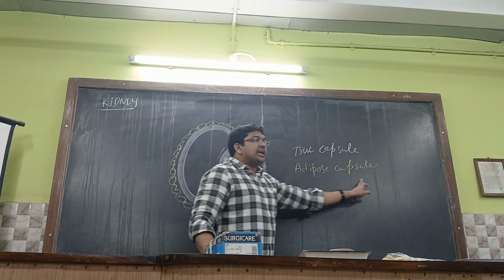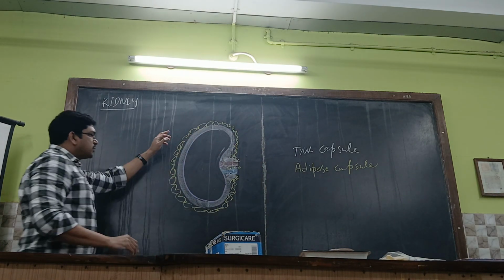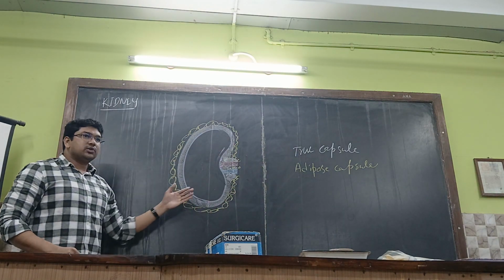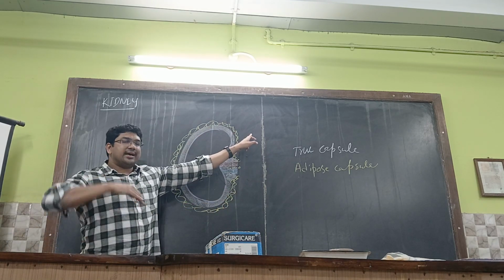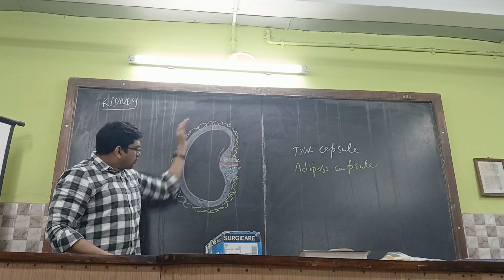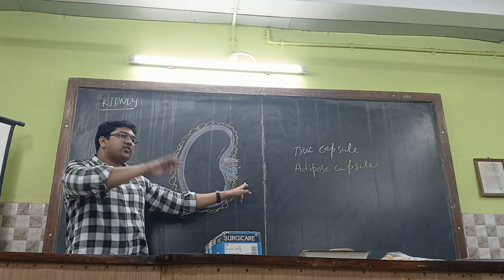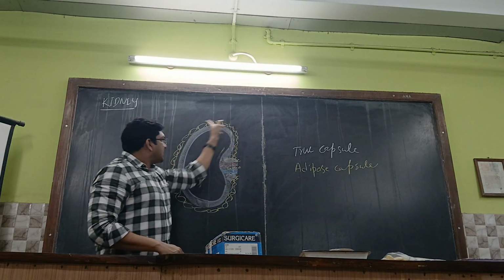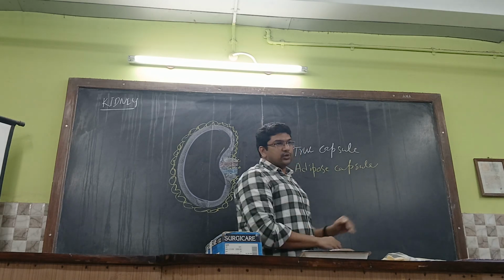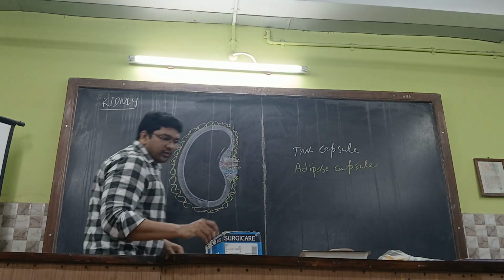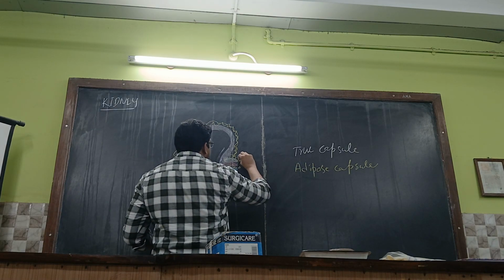Immediately next to the true capsule will be the fat, which is called the perinephric fat. Around the kidney, the fat, throughout, front and back and above and below, will be occupied by the perinephric fat, and this fat is forming a capsule-like structure, that is nothing but the adipose capsule. Above the adipose capsule, there will be one more capsule, that is called the false capsule over here.